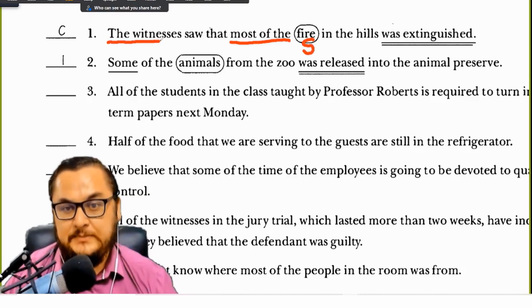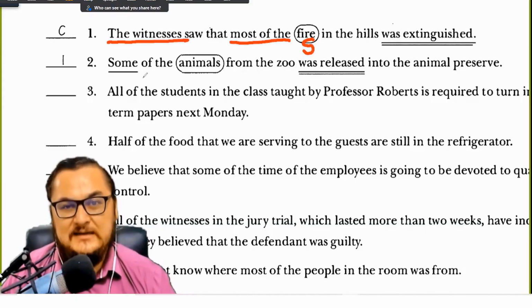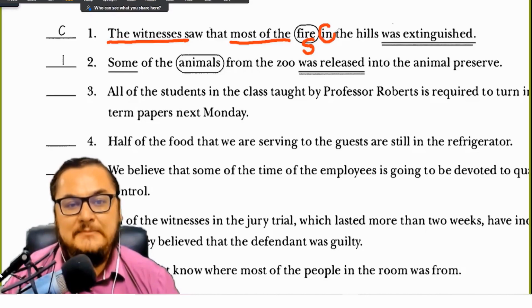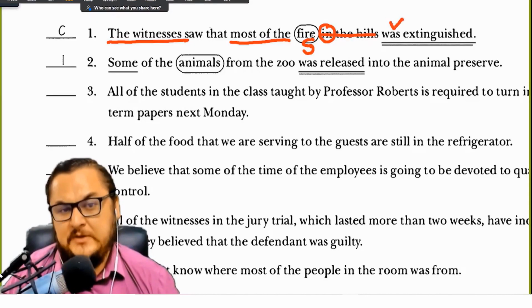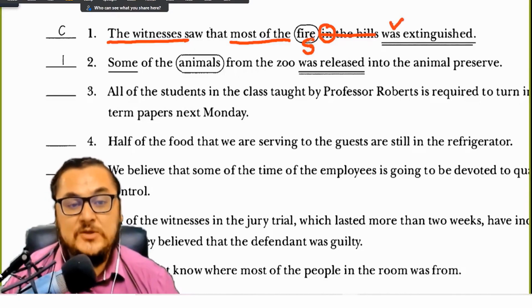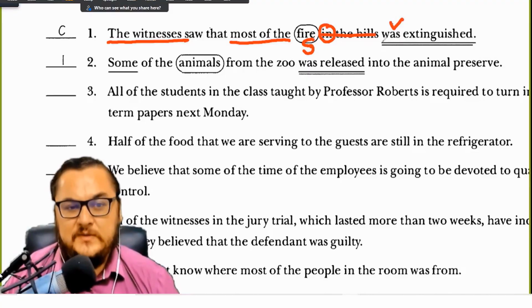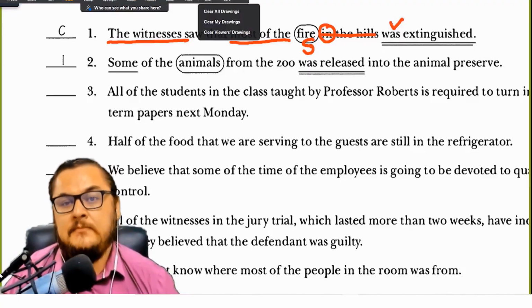Although there is another word that invites me to think that this is the subject of the sentence, most of the time, it indicates that fire is the subject of the sentence, with which I can eliminate the preposition. Look for the verb, and realize that fire is singular. Was is singular. Therefore, the sentence is correct.